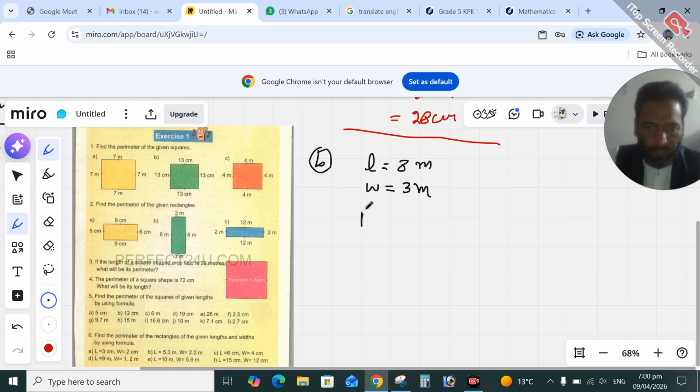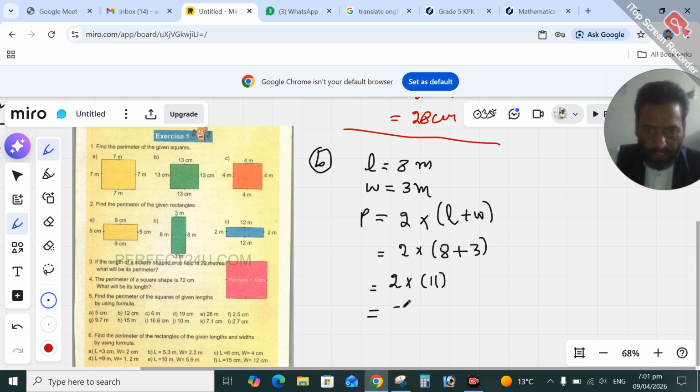So what is the perimeter? Perimeter is equal to 2 times length plus width, is equal to 2 times, and length is 8 meter plus width is 3 meter. So 8 plus 3 equal to 11, and 11 times 2 is equal to 22. 22 meter is the required perimeter of the given rectangular shape, right?